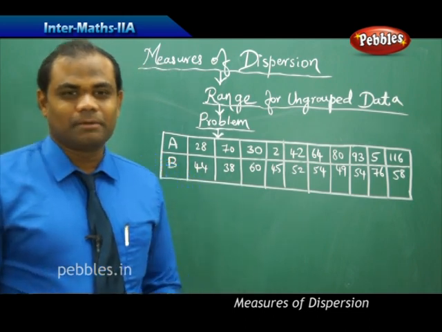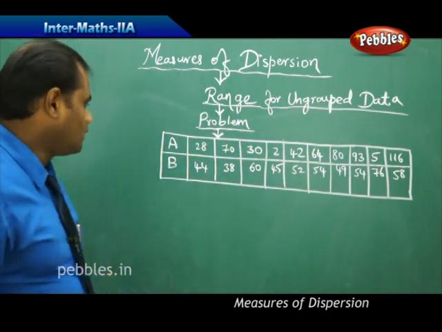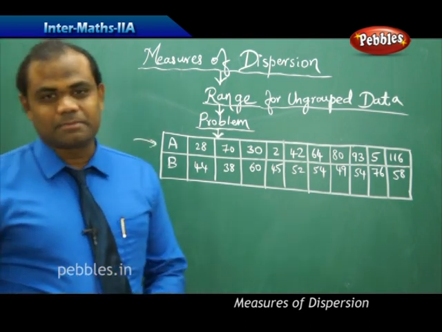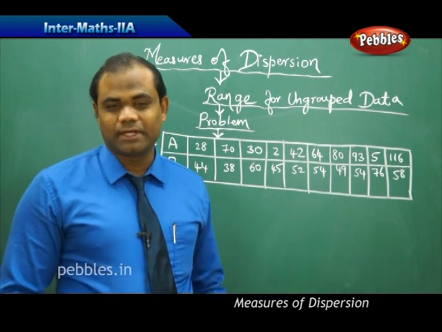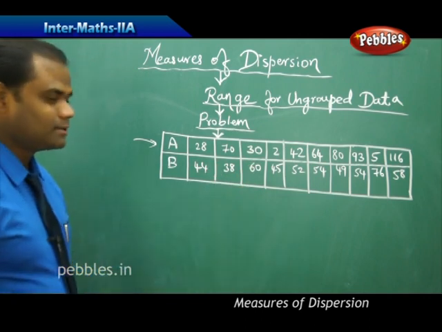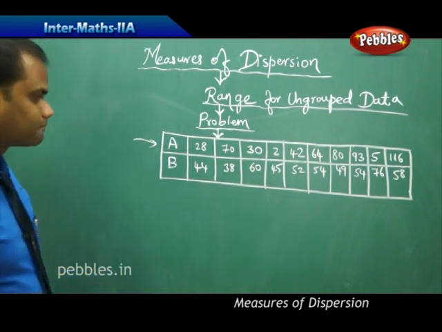Now let's see an example problem for finding range for ungrouped data. Now I have the scores of batsman A and batsman B in 10 different matches which I have taken in the previous session of the problem. Let's take the similar problem in understanding the range for ungrouped data.